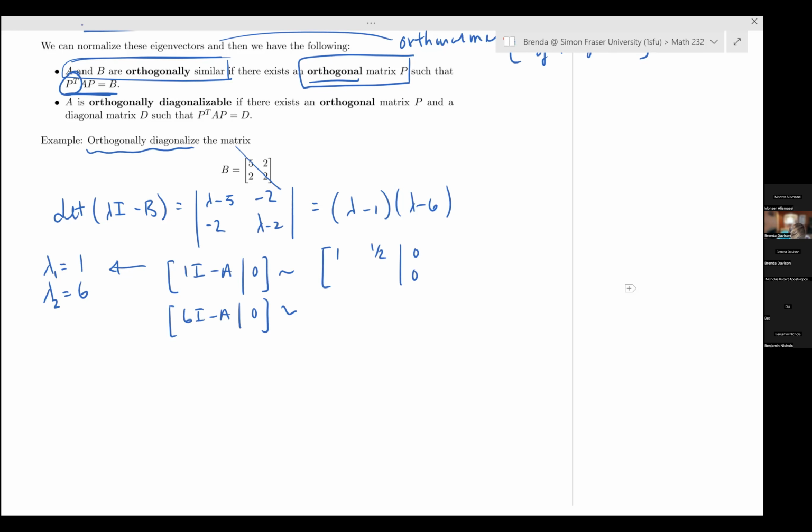This is what I got. And then that gives me a first eigenvector of this guy here. And here I get a second eigenvector of this guy here.